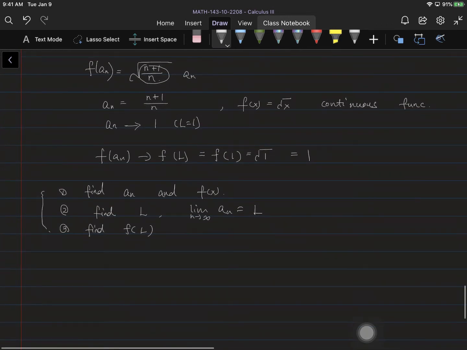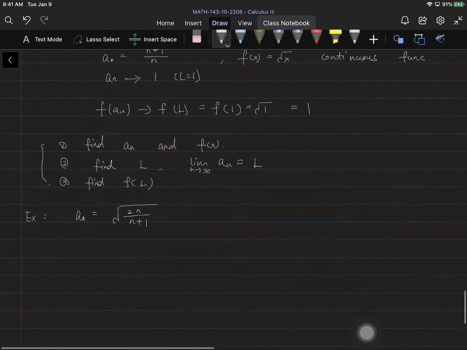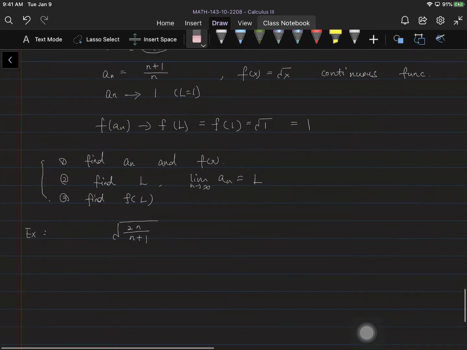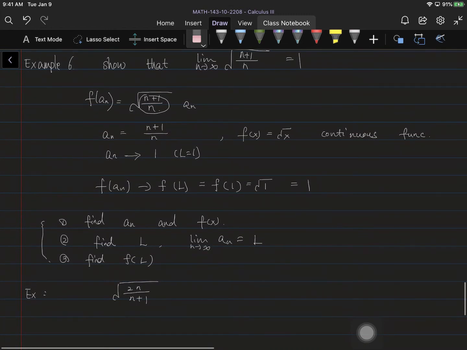Now let's take a look at the exercise problem. a_n equals the square root of 2n over n plus 1. Let's say we want to determine if this is convergent or divergent.